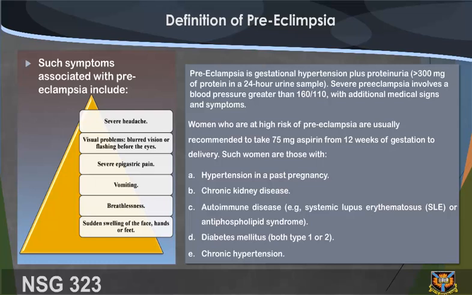Women who are at high risk of preeclampsia are usually recommended to take 75 mg aspirin from 12 weeks of gestation to delivery.